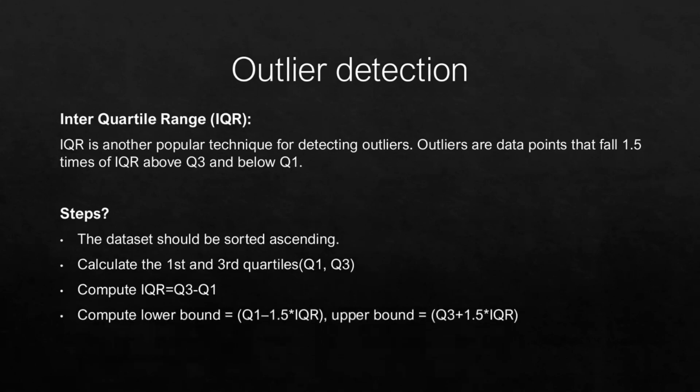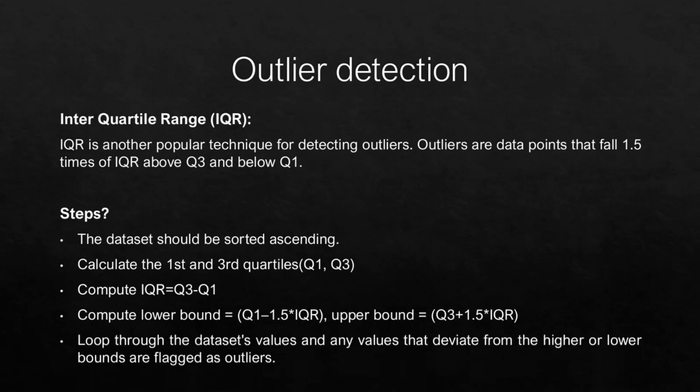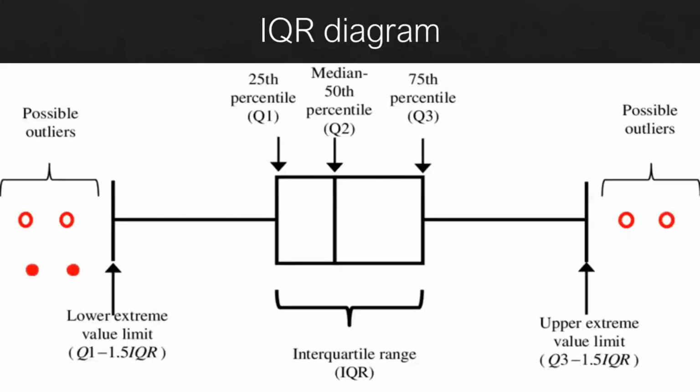Then compute the lower bound, which is Q1 minus 1.5 multiplied by IQR, and also the upper bound, which is Q3 plus 1.5 multiplied by IQR. Then in the last step, loop through the dataset's values and any values that deviate from the higher or lower bounds are flagged as outliers. Now let's have a look at the IQR technique.